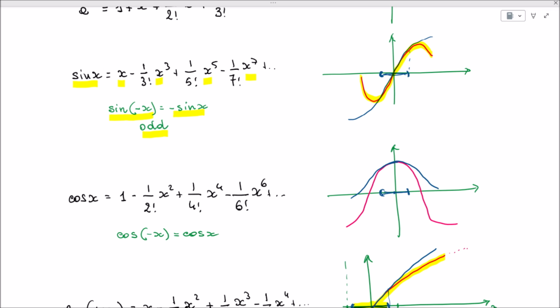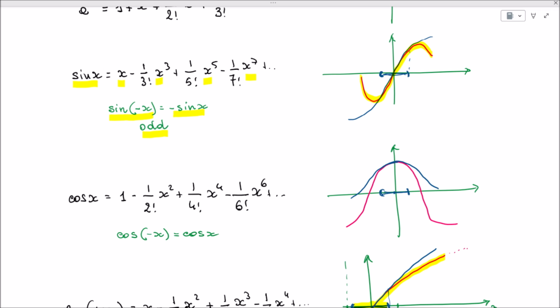Let me first start the proof with the function f of x, which is even. If we have an even function, that implies that the derivatives of odd orders are odd functions.